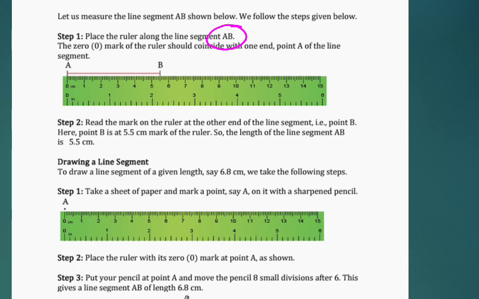Keep point A at the place in the scale where 0 is, the origin point. In the scale, 0 is the origin point. So keep the 0 at the point A and move along the centimeters to B, and mark it as B. So B is the moving point with the fixed A. Read the mark on the ruler at the other end of the line segment, that is B. Here B is at 5.5 centimeters.